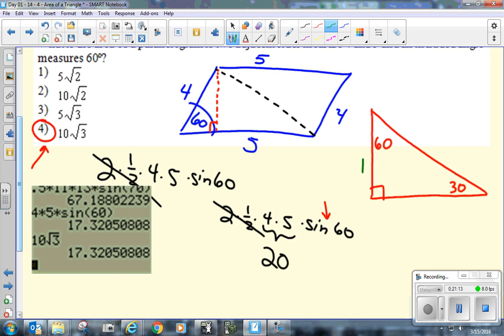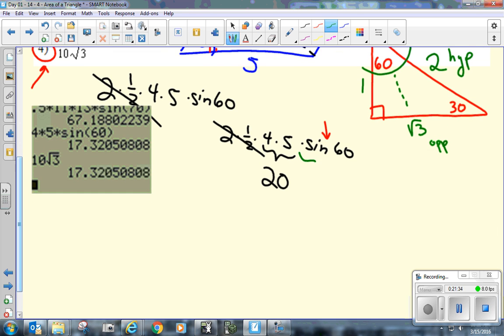It's 1, 2 for the hypotenuse, radical 3. 1, 1, and radical 2 would be for 45-45-90. Sine is opposite over hypotenuse, absolutely. So what's the sine of 60? Radical 3 over 2. Beautiful. So this turns into radical 3 over 2.